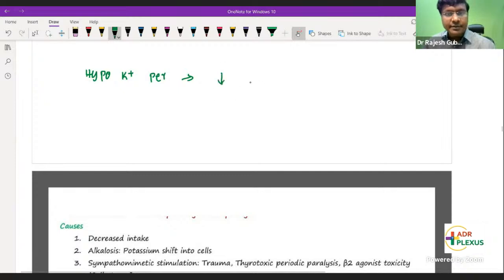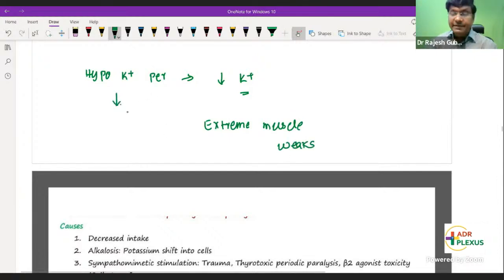There will be extreme muscle weakness, and the presentation will be from the childhood itself. And what will trigger this particular weakness? Strenuous exercise will trigger the extreme muscle weakness.